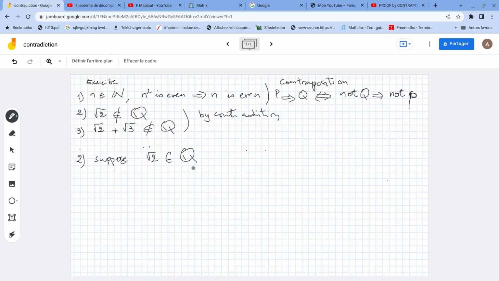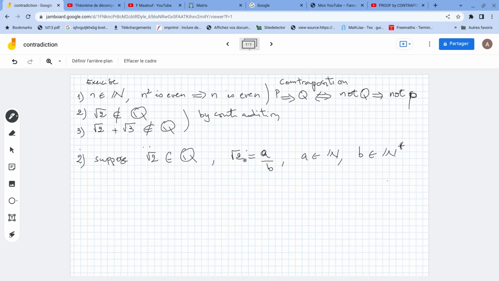We suppose that, so we can write square root 2 as a fraction of two integers, a over b, where a is an integer and b is also an integer but not equal to 0.